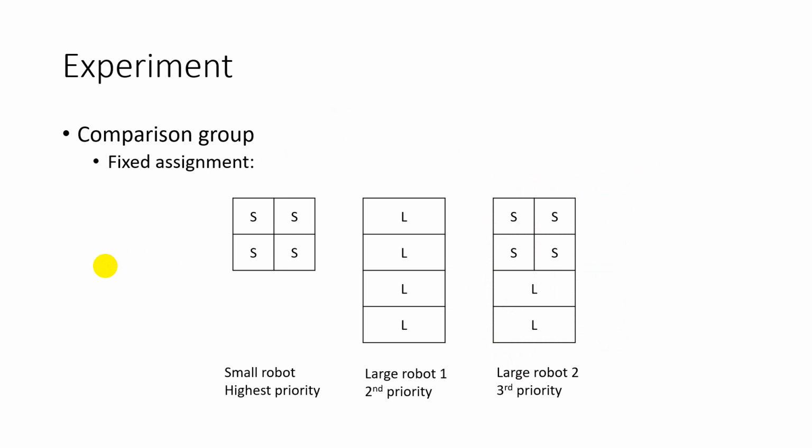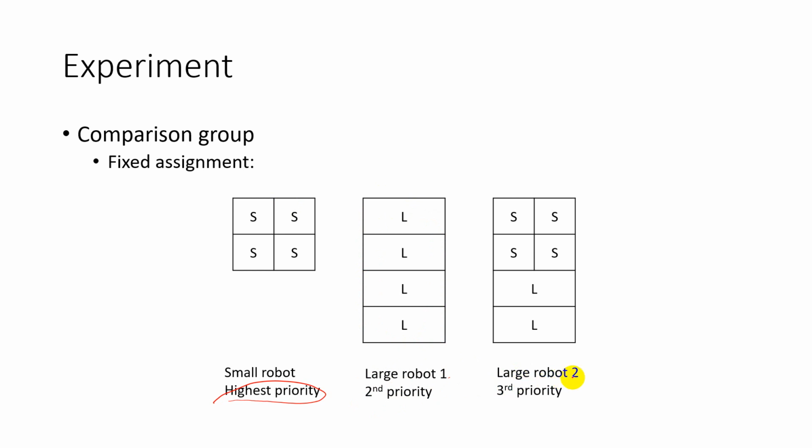And here is my simulation. I also did a comparison group, and this group uses a fixed assignment pattern. Again, the small robot has higher priority, and will be assigned 4 small tasks. The large robot number 1 has the secondary priority, and will be assigned 4 large tasks.